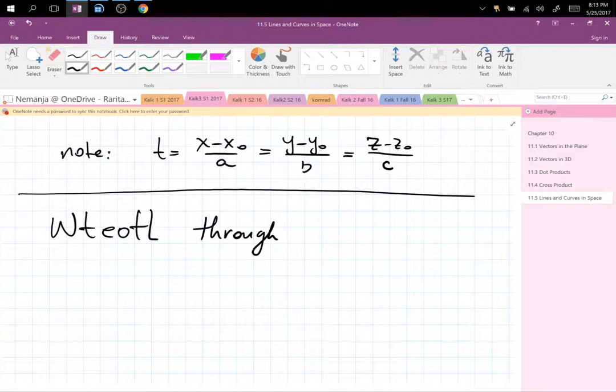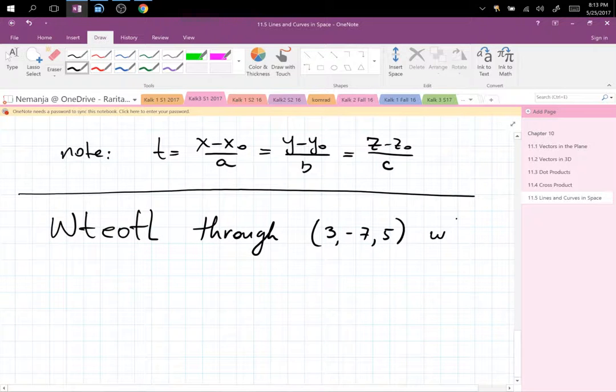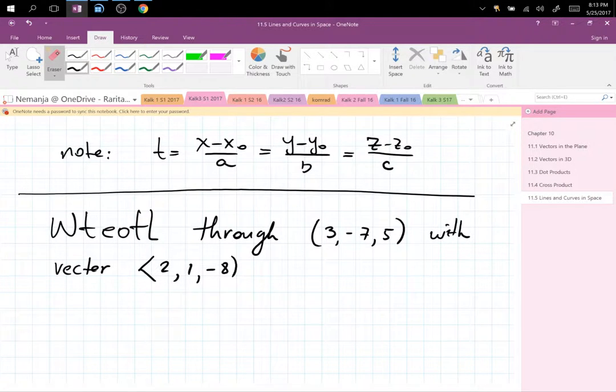So write the equation of the line through 3, negative 7, 5 with vector 2, 1, negative 8 as a slope.